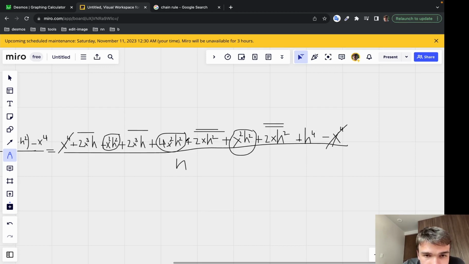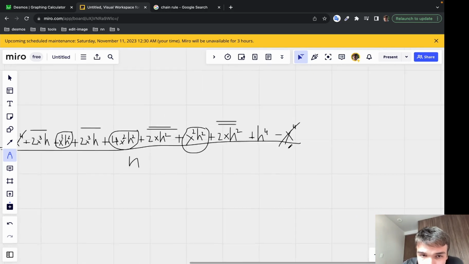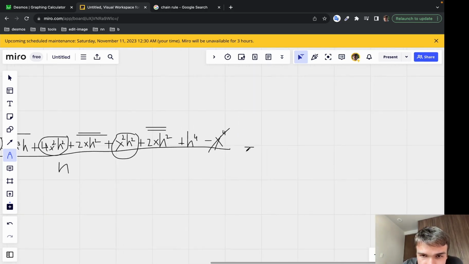So what I want to do is to say that this one plus this one is going to be 2x cubed h cubed. Oh no, 2x squared h squared, and then 2x squared h squared plus 4x squared h squared is going to result in 6 multiplied by x squared h squared. So first I want to put this, so 6, no, it's not 6, it's going to be 2.